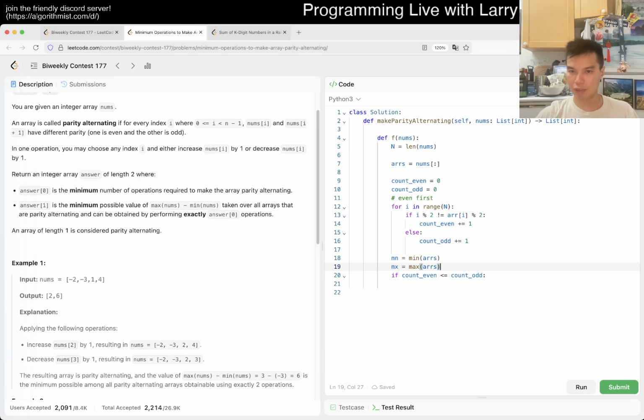Okay, now if count even is then we want to say the only thing that matters is if it's equal to min, right? So if I do, so that means that we have to change this one for even, right?